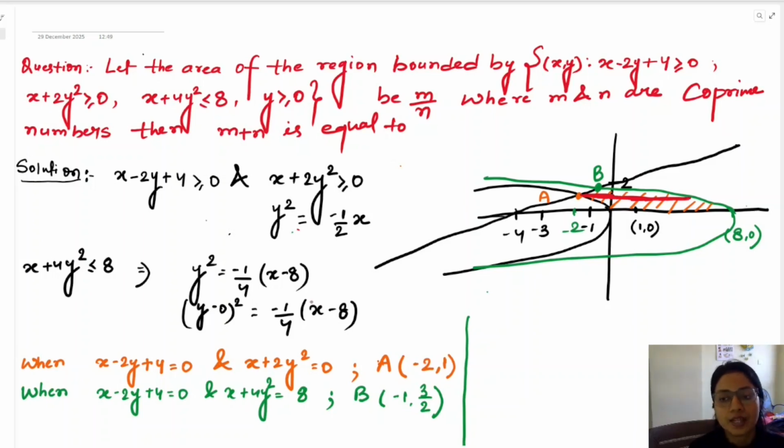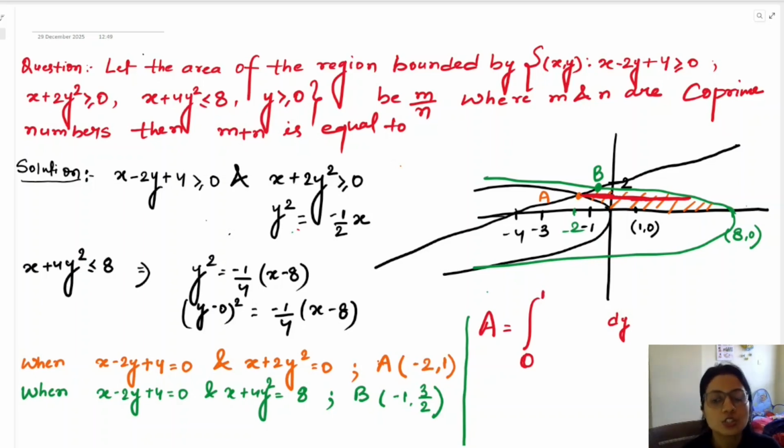So the entire area can be found like this. We are drawing this strip on the y-axis, so dy, and y ranges from 0 to 1, since at A the y coordinate is 1.